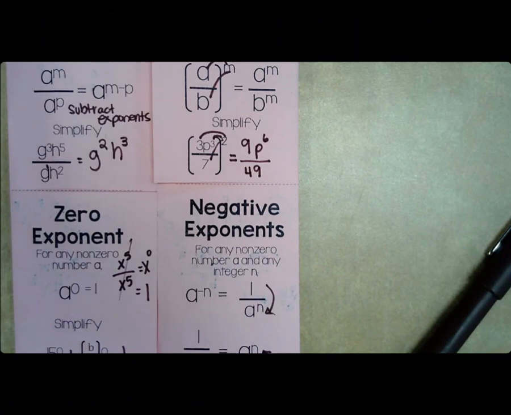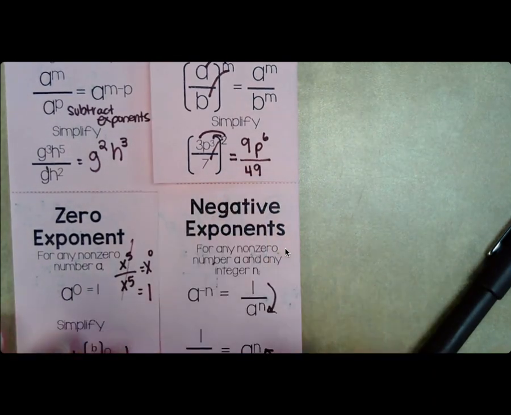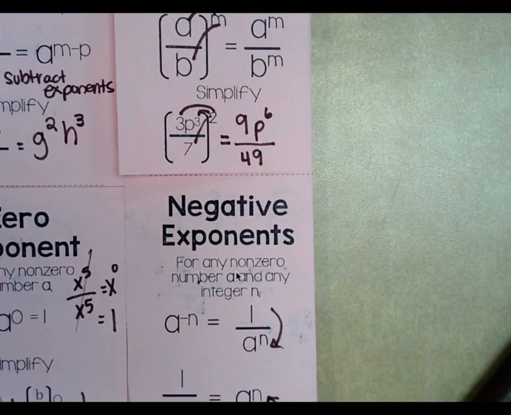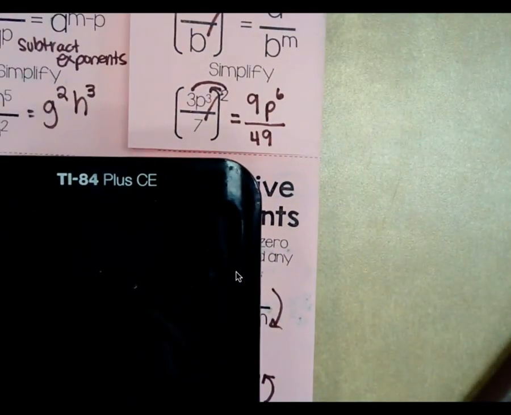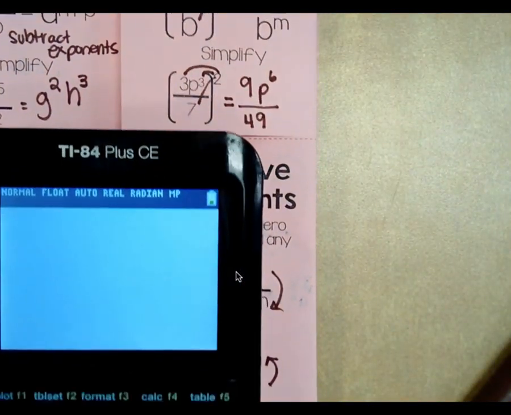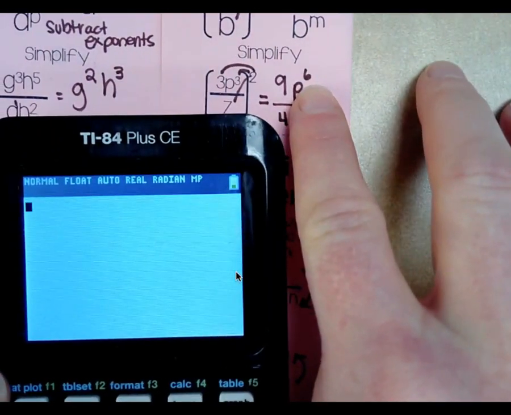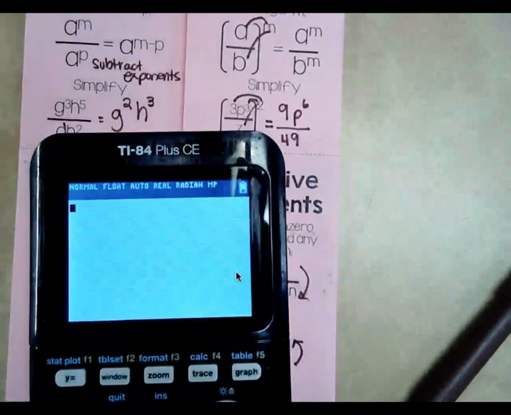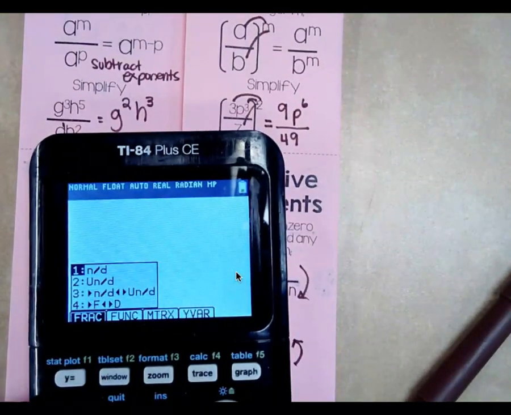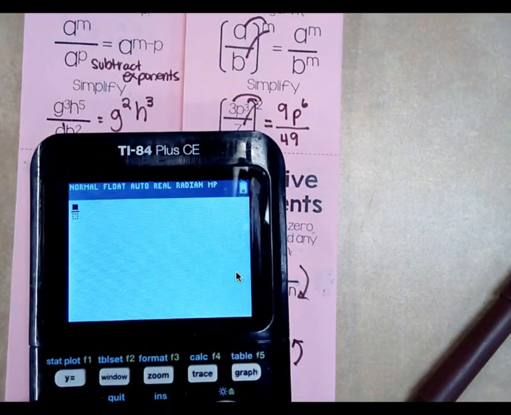The last thing we would do is just check and make sure that we can't simplify the numbers. I'm going to put it in the calculator and just make sure it can't be simplified. So put it in as a fraction without our variable, just the numbers only: 9 over 49.